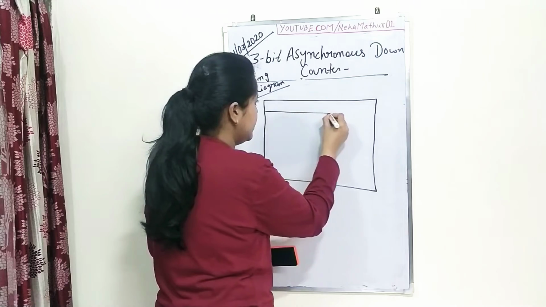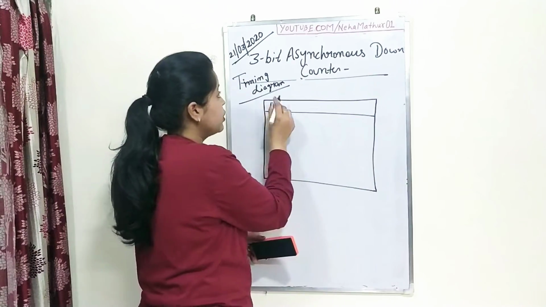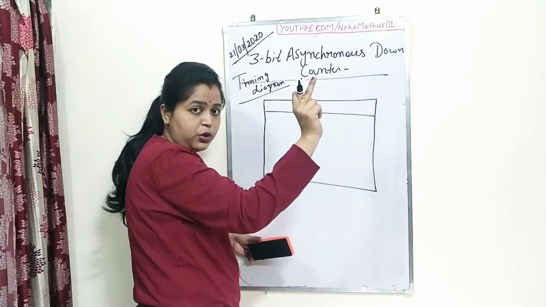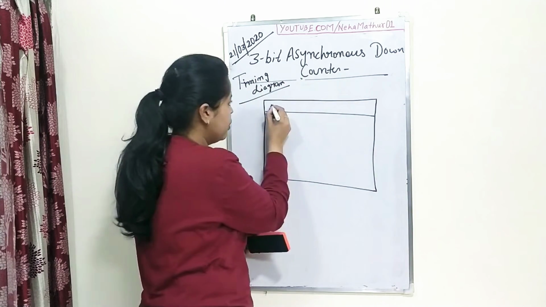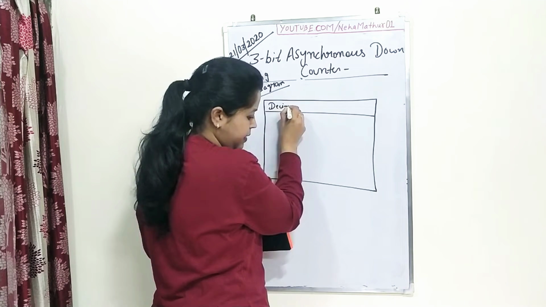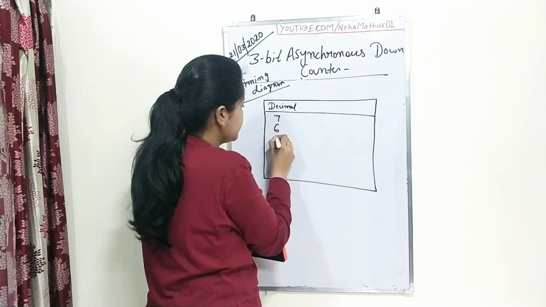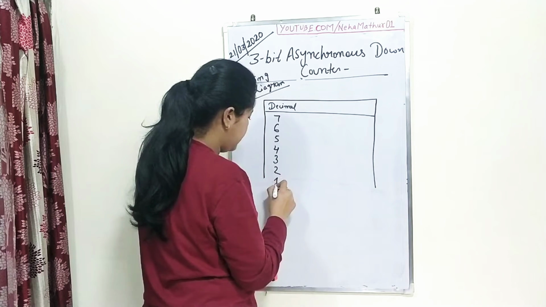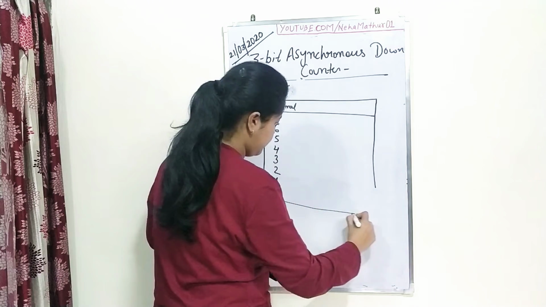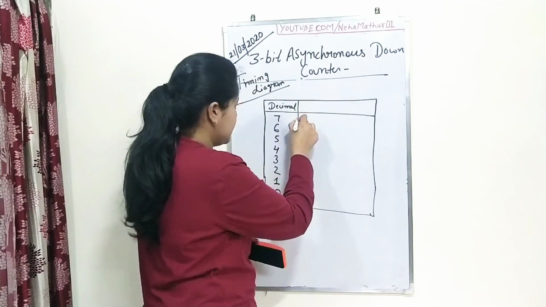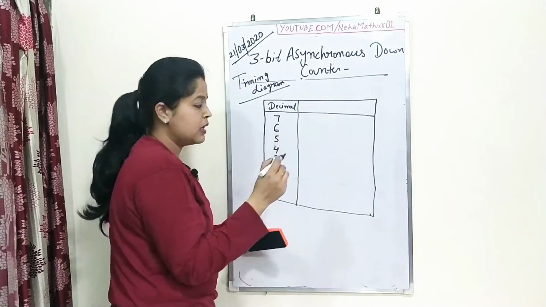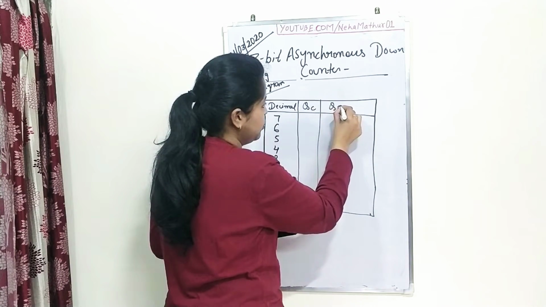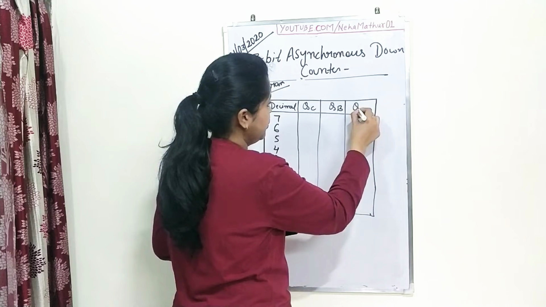See, here you are going to count 8 numbers. So your decimal numbers are 7, 6, 5, 4, 3, 2, 1 and 0. Fine. You have 3 flip-flops and their outputs are represented by QC, QB and QA.